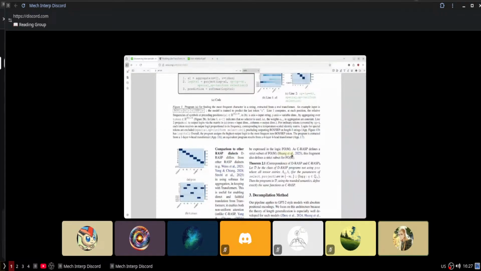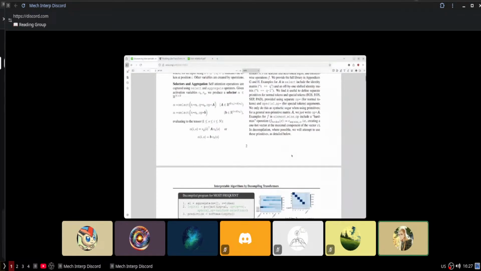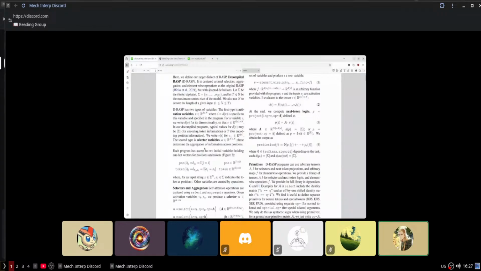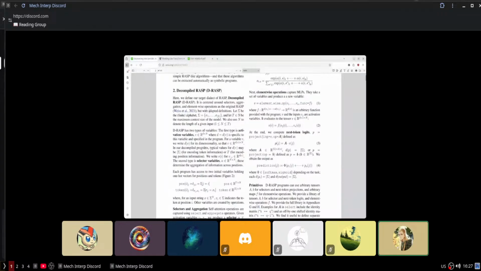So let's try to understand the definition of the RASP word. This activation variable is like a D by N matrix, where D is specific to the variable. That's analogous to the activations from all the input tokens, some embedding.